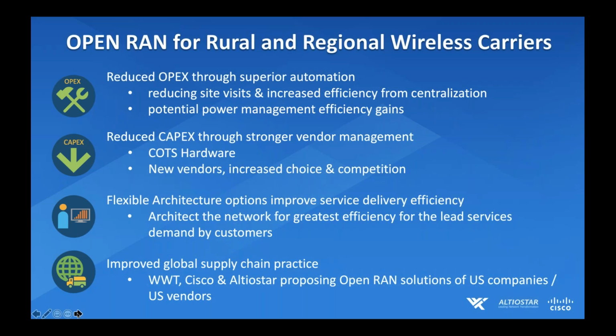The ability to introduce some of those cloud automation procedures and work operations into the RAN network. We see that as translating to everything from increased efficiency, from centralizing some functions that previously were distributed right out there at the radio base station sites. That centralization makes possible increased efficiency.